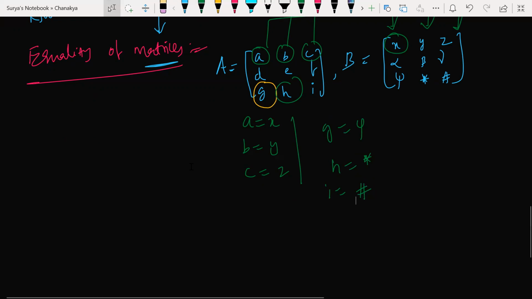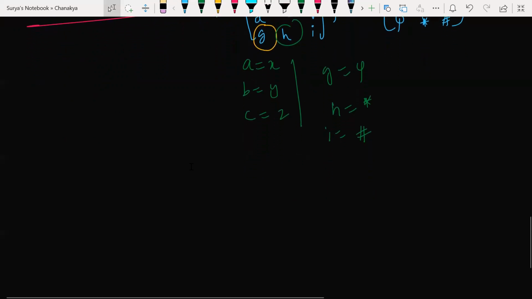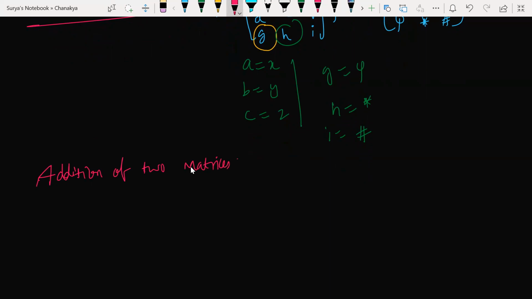Okay, so now addition of two matrices. How do I add two matrices?